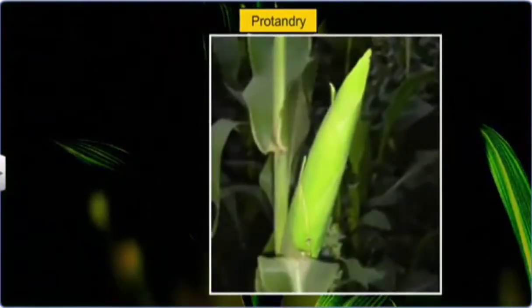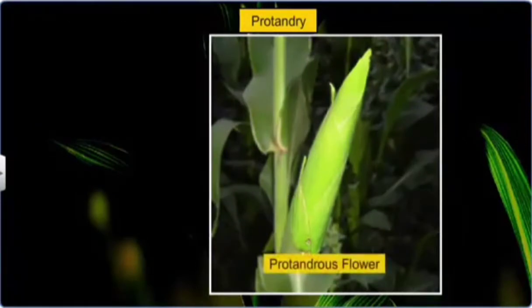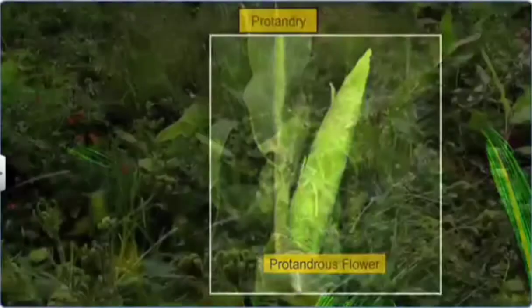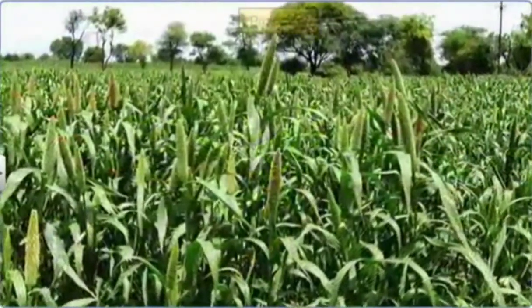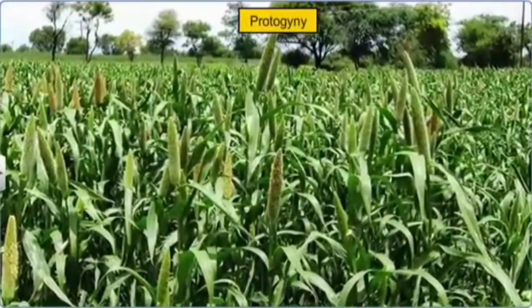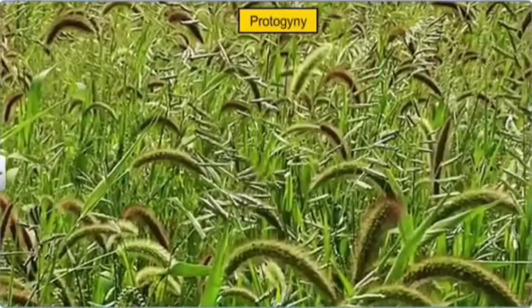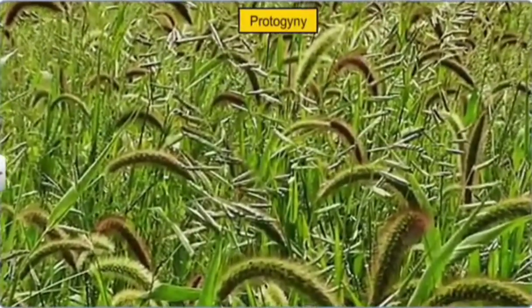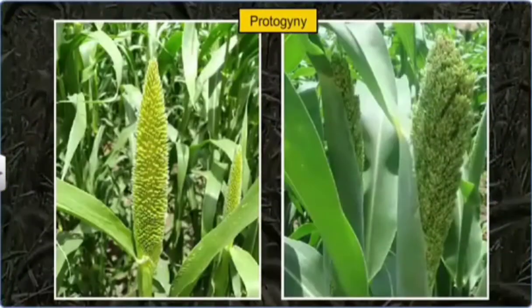That is, the androecium of the flower matures earlier than the gynoecium. Whereas, in protogyny, which is observed in millet or bajra, the gynoecium matures prior to the androecium. That is, the stigma becomes receptive long before the pollen is released.